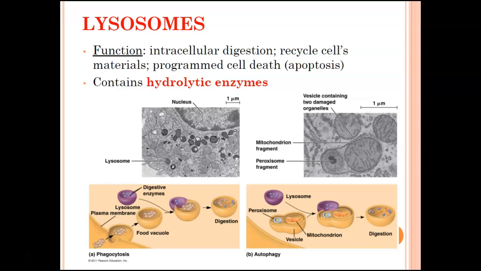But here in this autophagy, the lysosome is actually digesting and recycling old cellular materials. So these are great words to know, phagocytosis and autophagy. These are the purpose; this is what the lysosome does.